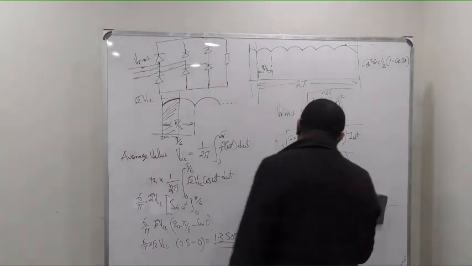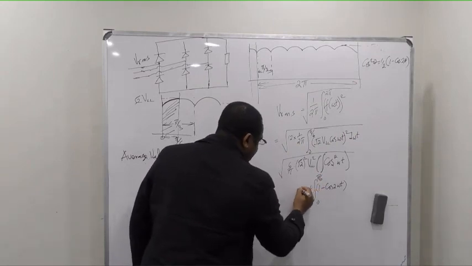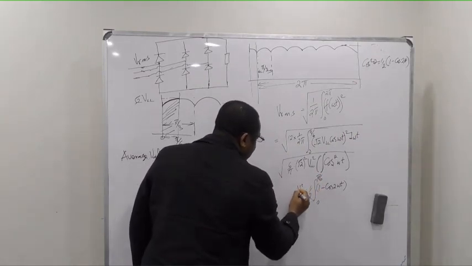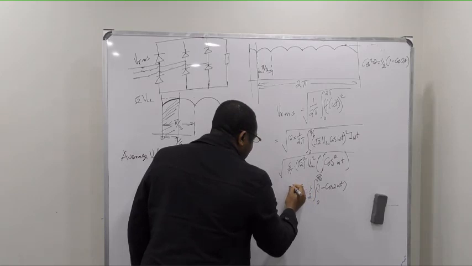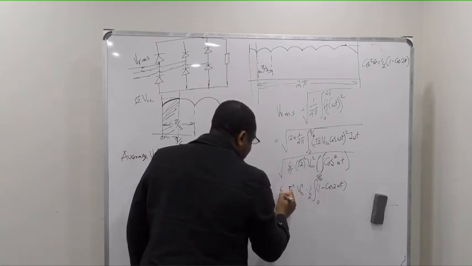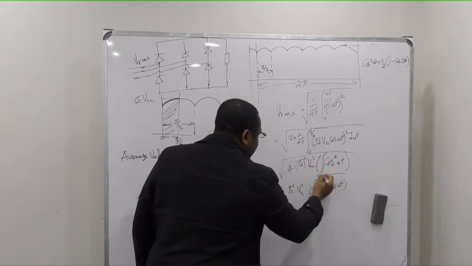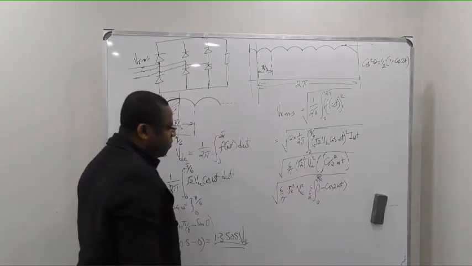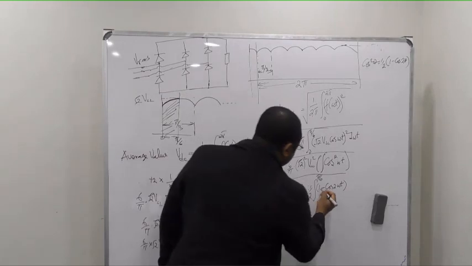Remember that we still have our VLL squared, we still have our root 2 squared, and we still have our 6 over pi, and then the square root is there. So now we just integrate this.